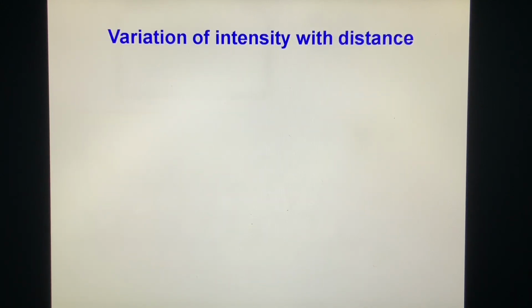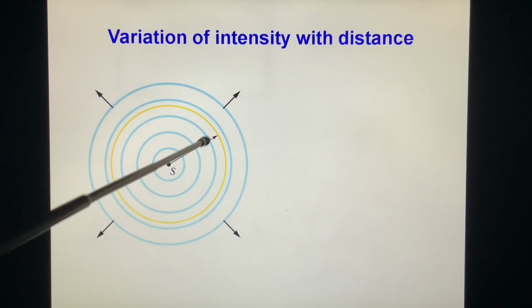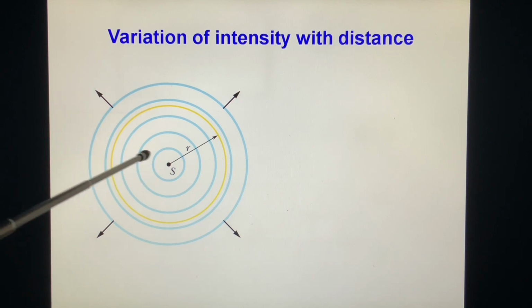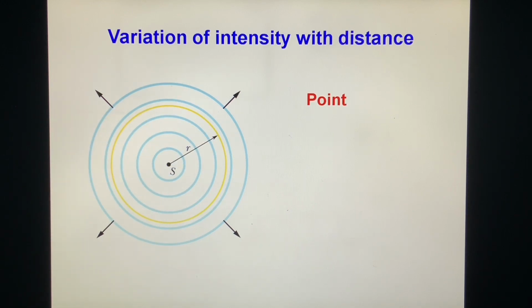Variation of intensity with distance. Well, we have a source S which radiates wave energy. If we check at a point at distance r from it, the wavefront is a spherical surface. So the total energy is divided by the sphere area.